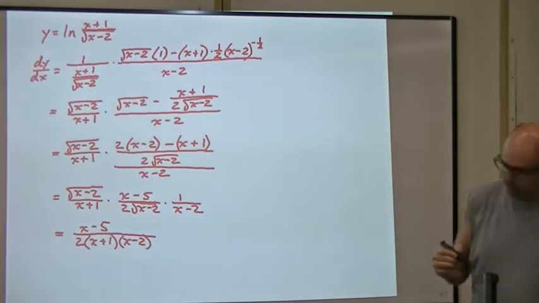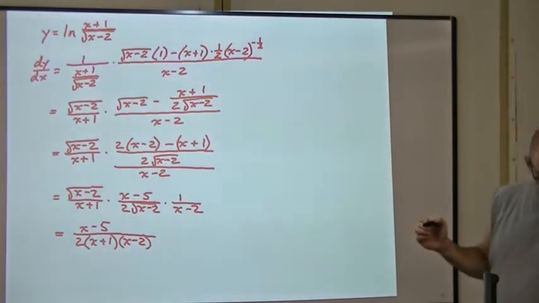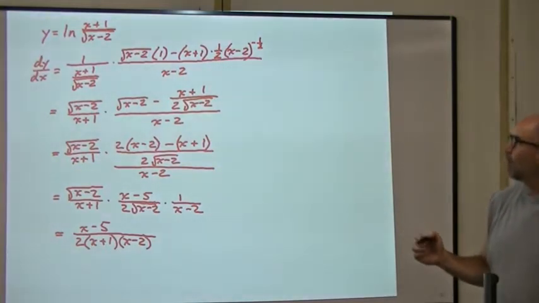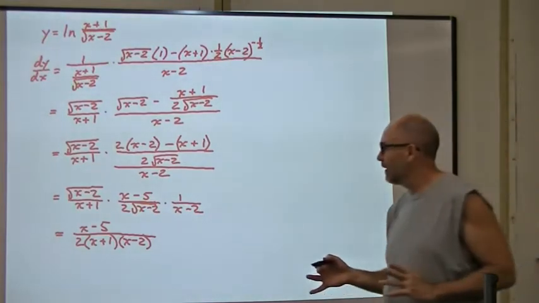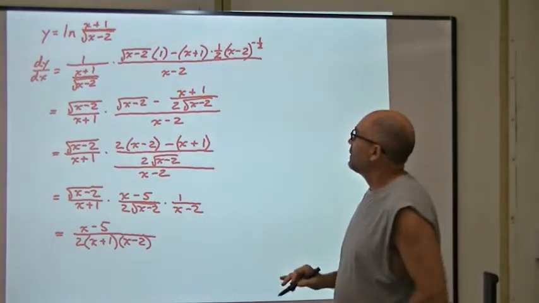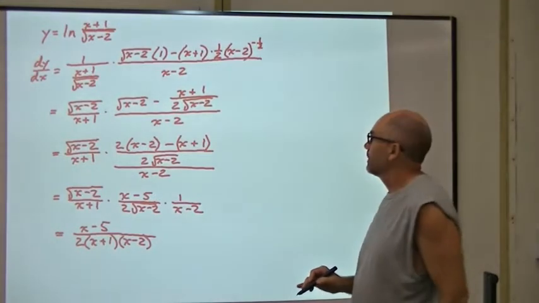Let's see. x minus 5 over 2, x plus 1, x minus 2. Okay, a giant mess, right? Here's a new way of doing it.